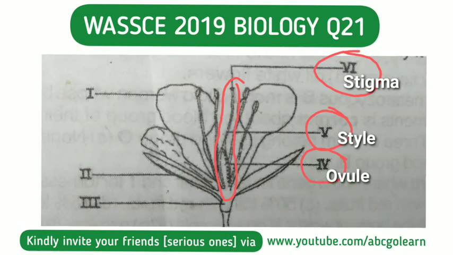Okay, it might be the ovule or the ovary actually, because this very picture is not clear. But if it points inside to that very small dot that looks like a very small dot, so it is called the ovule.